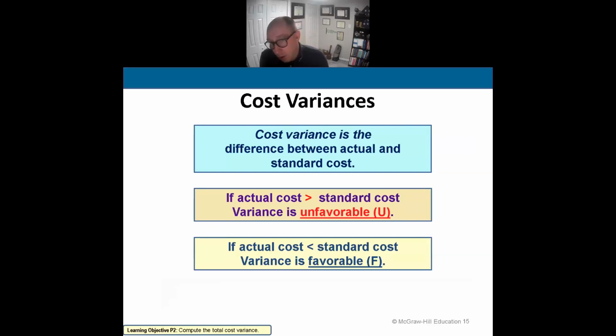If the actual cost is greater than the standard cost, it's unfavorable. Makes sense. If my actual comes in greater than my standard or budgeted, it's unfavorable. If the actual cost is less than the standard cost, that's good. That's favorable. It saves the company some money.